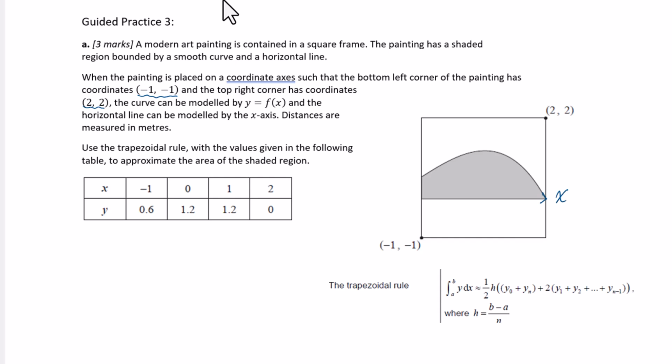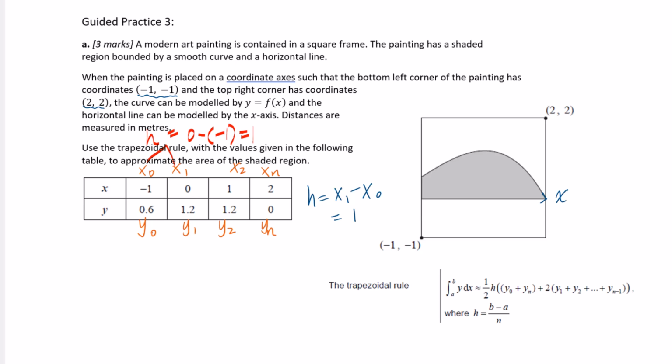First of all, based on this trapezoidal rule, we need to label y0, y1, y2, y sub n. Then x0, x1, x2, x sub n. h equals 0 minus -1, which equals 1. Remember this h equals x1 minus x0, which equals 1.